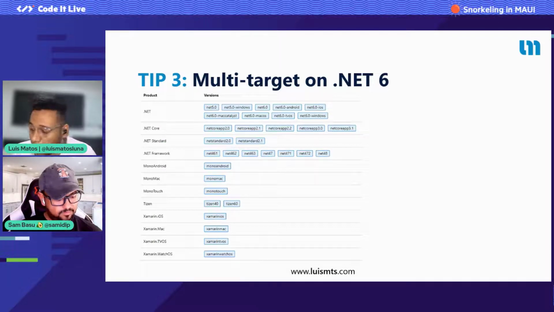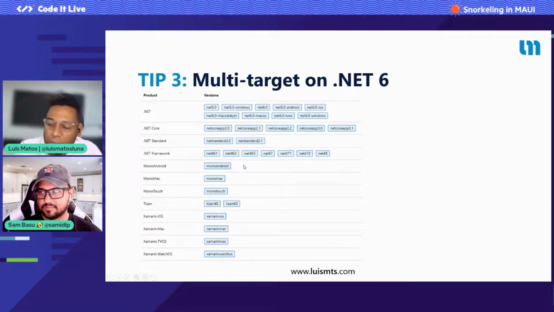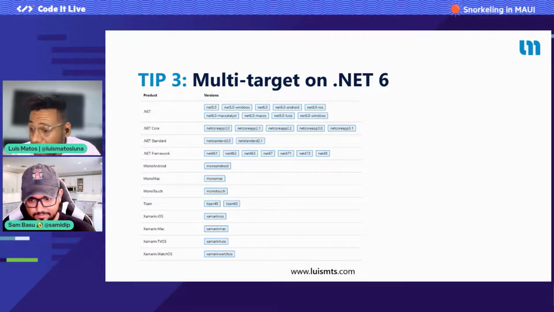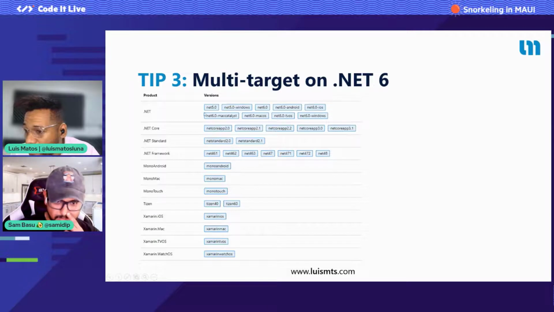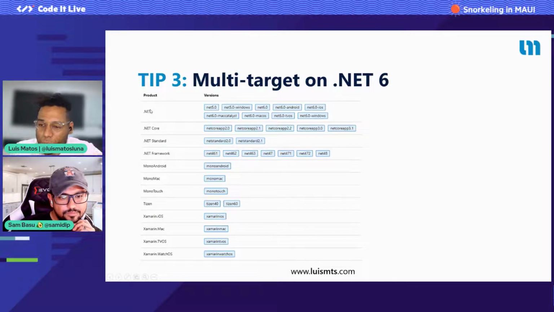Maybe the normal ones are Mono Android and also Xamarin iOS. But for those people that have packages that support different libraries, you need to take into consideration that you don't have all of those SDKs separately. In our scenario, we have all of those things in the .NET platform itself.